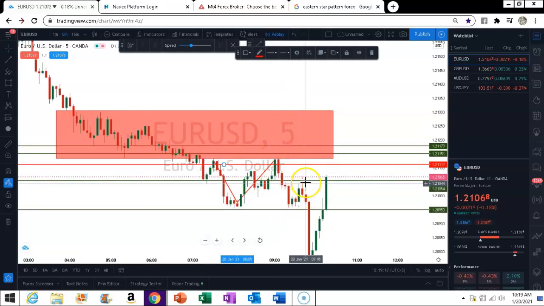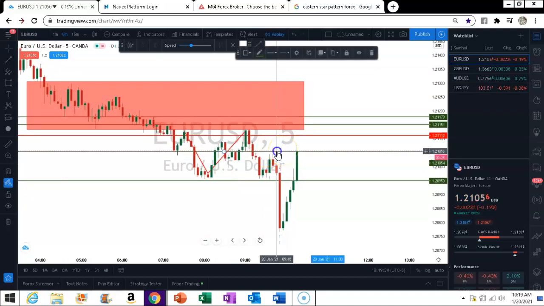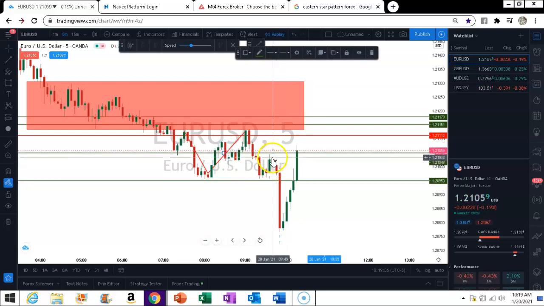Okay, so then it comes back and fails to go above this level of resistance, support and resistance. At this point right here, I'm putting me a sell limit on for this area right here.